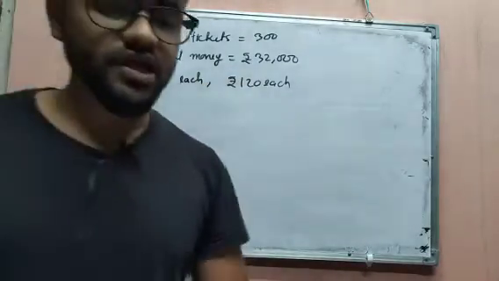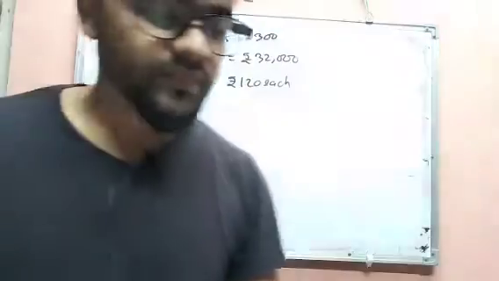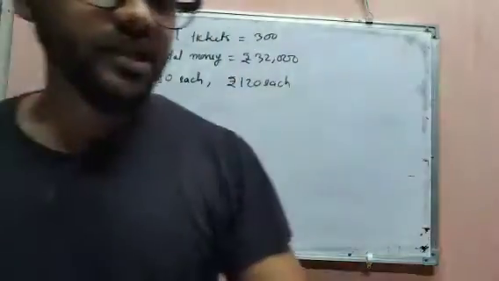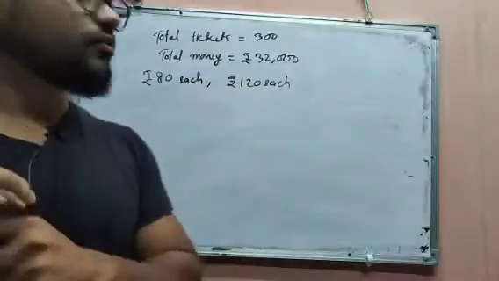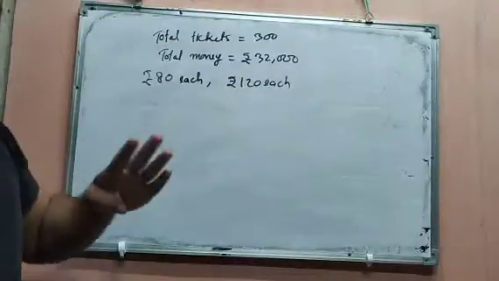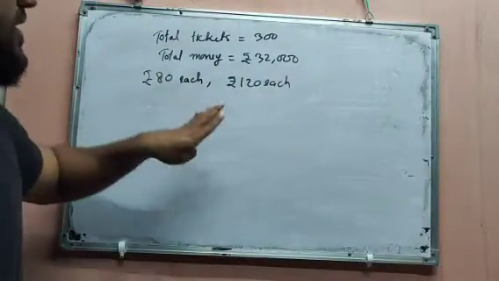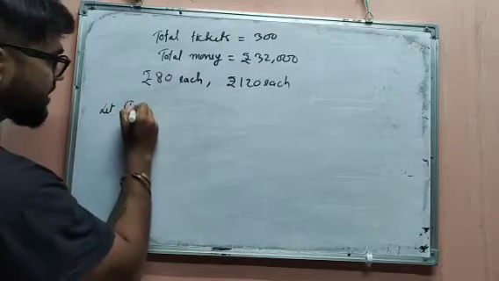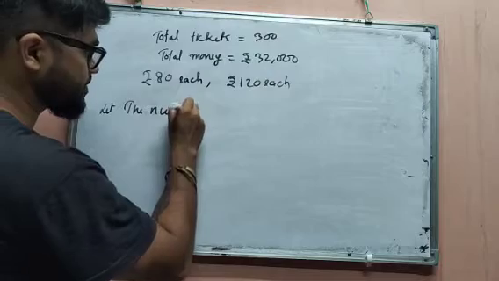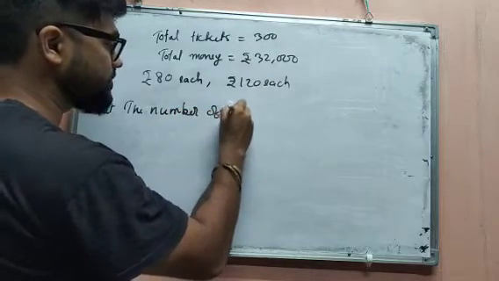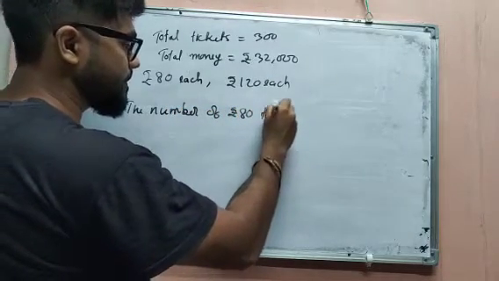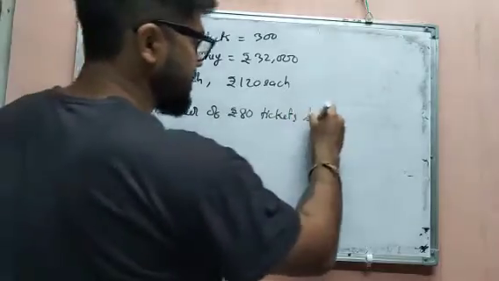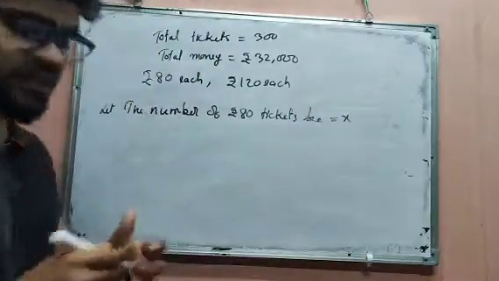We have to find how many of each were sold. So first we have to take, let the number of rupees 80 tickets be x. We have to assume that as x.